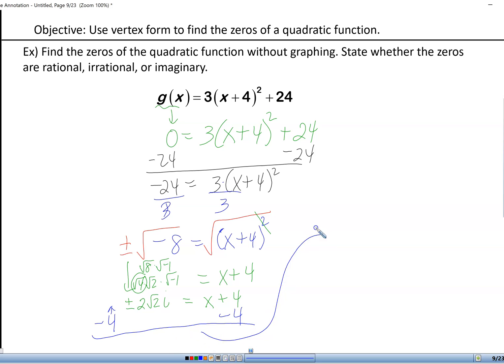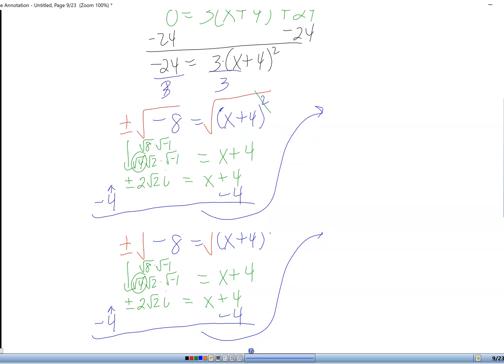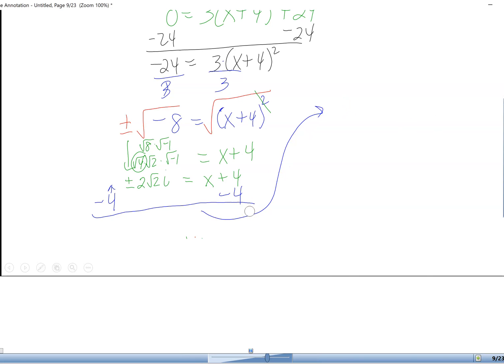So this is our x, and then the rational part always goes first, followed by the imaginary part, like so.